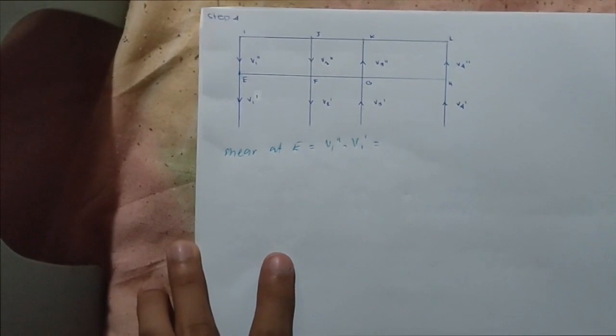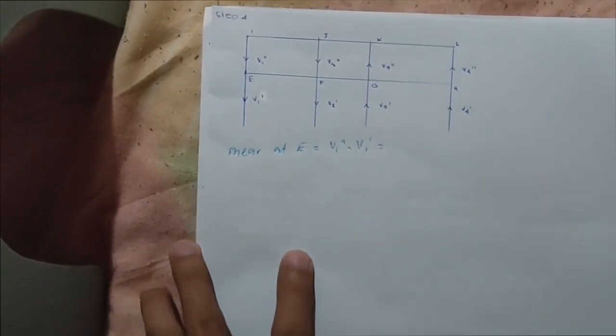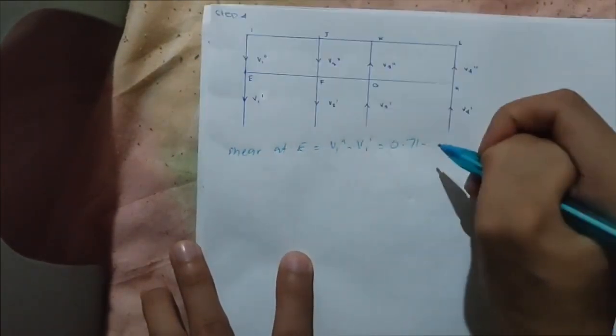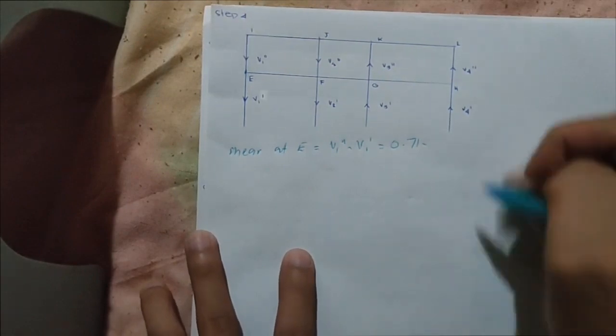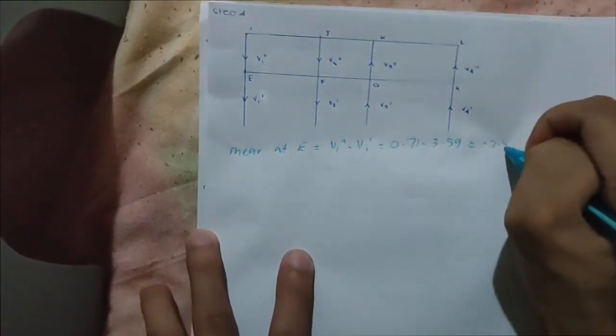the V1 second floor is 0.71 minus the V1 first floor, which is 3.59, which is equal to negative 2.88.